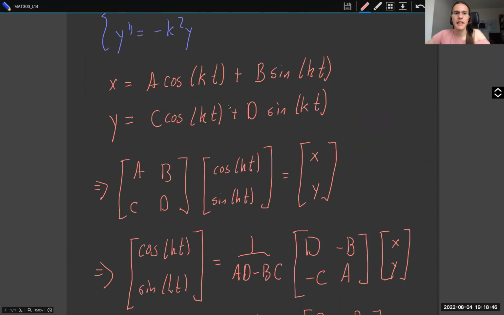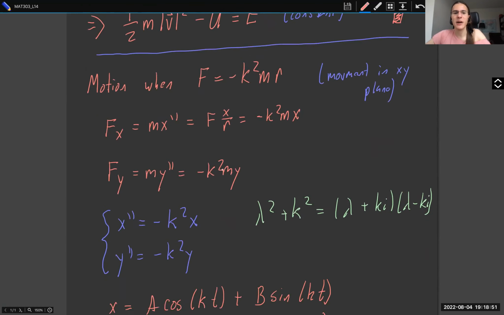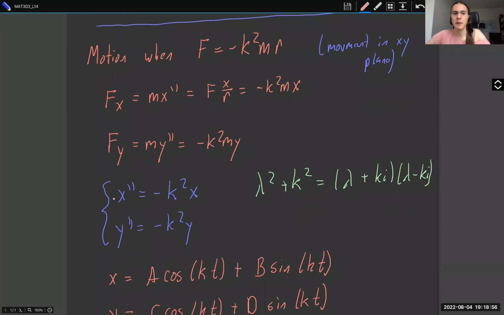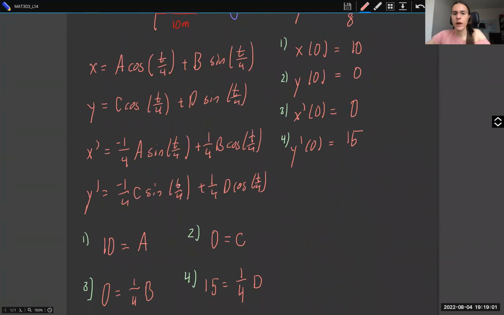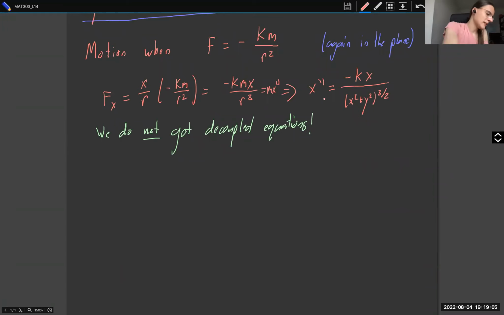Last time, it just happened that because things precisely canceled out, we found that the formula for x prime prime was completely decoupled from y. But here it won't be, because the things don't cancel each other out nicely. So instead we're going to do this analysis in polar coordinates, and that makes things possible.